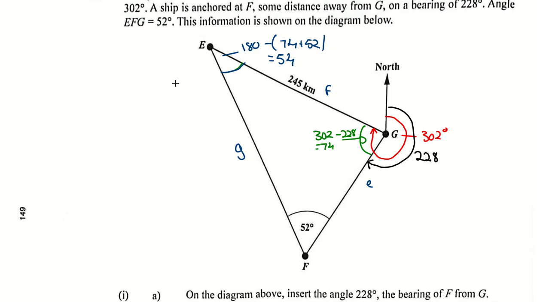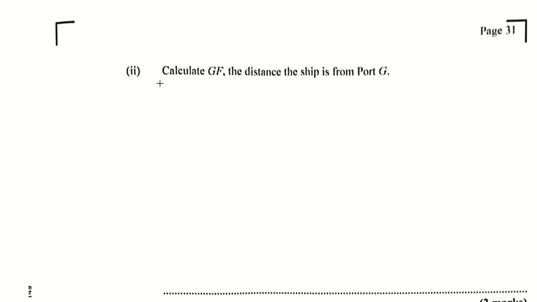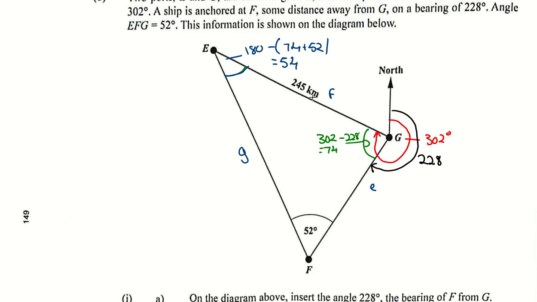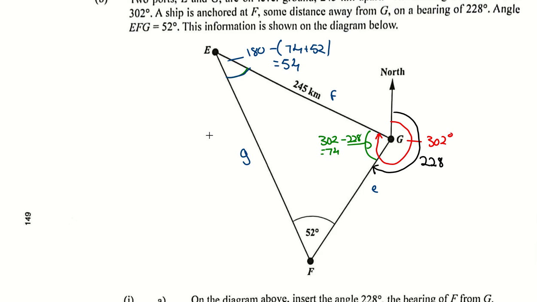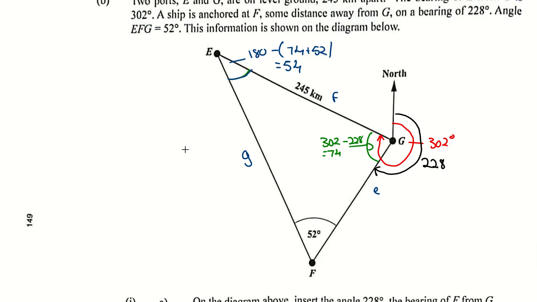We can say that E over sine capital E is equal to, do we have a side and a corresponding angle? Yes. F over sine capital F. So let's see what they give you. They gave you F, 245.